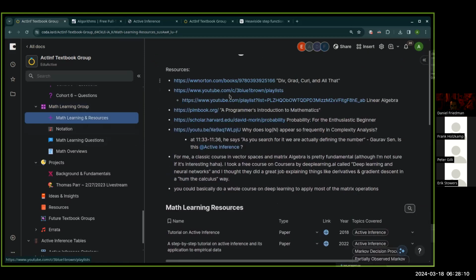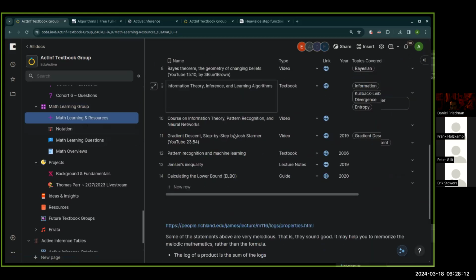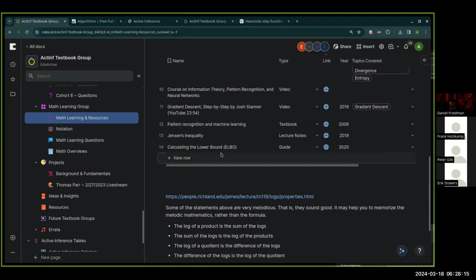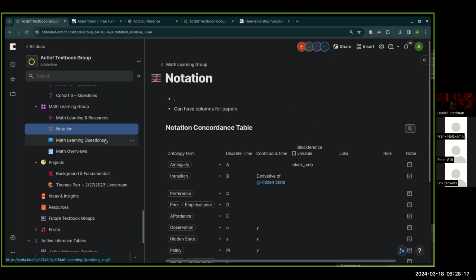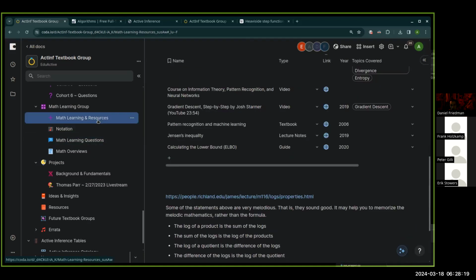This math learning and resources page has at least many. I think the language models are really good at this right now. This kind of undergraduate level math, which is hard, is a good specialty of them.